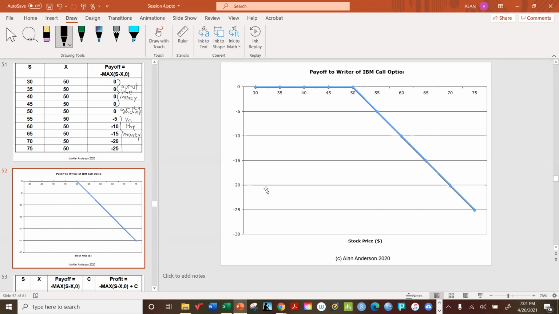And so you've got, it's flat. Here's the strike. The slope is 0. But now here the slope is -1. And of course, this part hasn't changed.